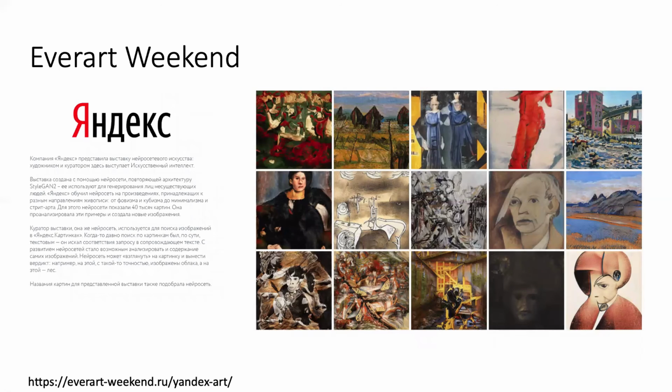Also, there was an art festival this summer called EverArt Weekend, where we participated with our WikiArt StyleGAN2 model. For this event, we came up with a few minor improvements. First of all, we increased the resolution of the images further to 4096 pixels on each side using our Deep HD super resolution models.